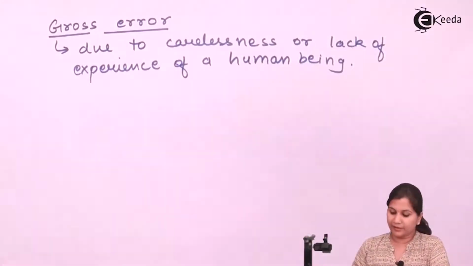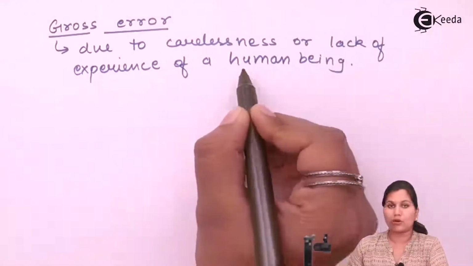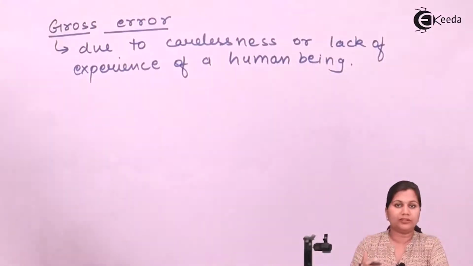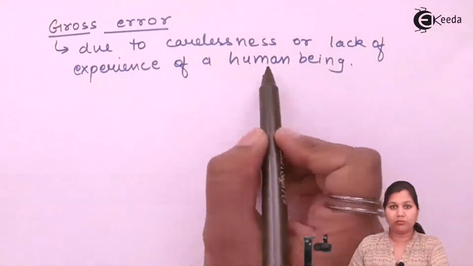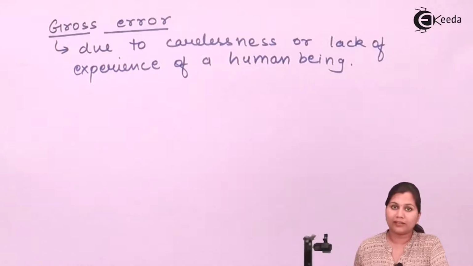These gross errors occur due to the carelessness or the lack of experience of a human being. When the human being is taking the measurement, he has to take some readings and do some calculations. If he is careless at the time of taking the readings or doing the calculations, then error can occur.